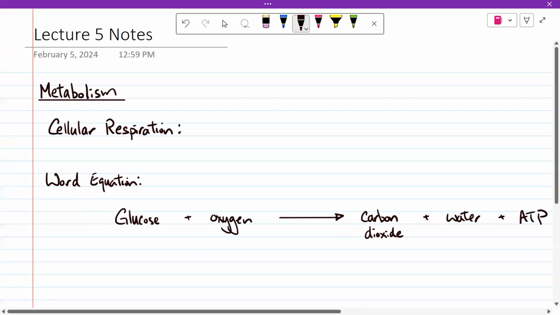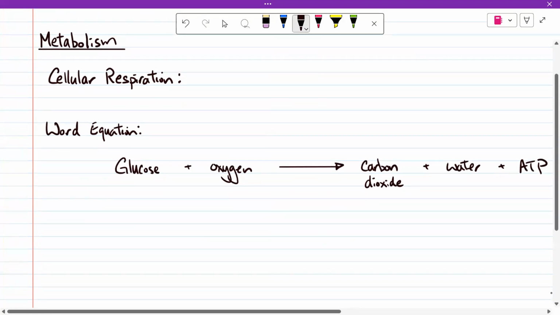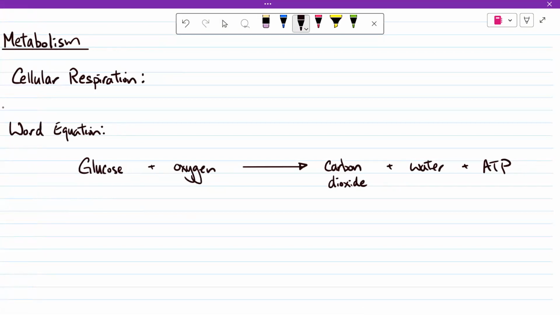Now we can write this as a chemical equation as well. The difference between a chemical equation and a word equation is that word equations are words, and a chemical equation is the chemical formula for those words. So by now, you probably know glucose is C6H12O6.